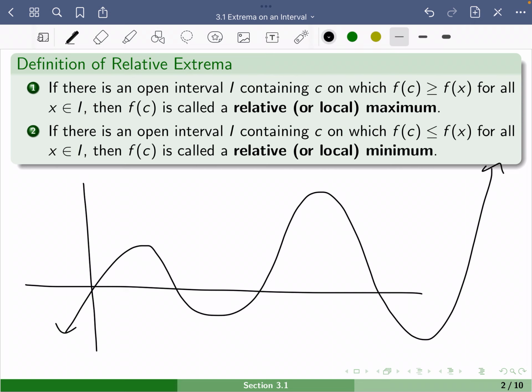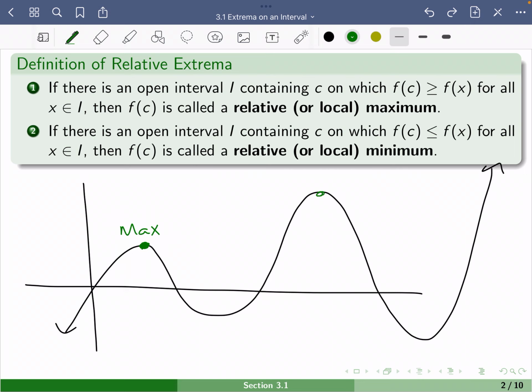So let's say we have something like that. We will have a relative maximum right here at this point. Everything, all the other function values around it, are less than or equal to that.